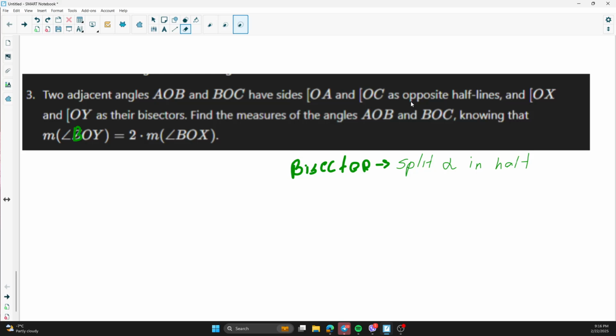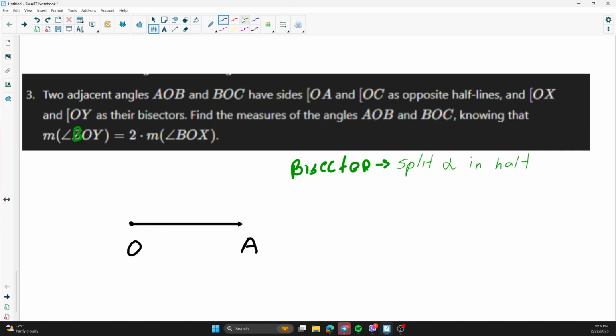Look here at what it says: as opposite half lines. Those lines, OA and OC, are opposite. Now, what does opposite mean? Here's the first line, OA. A half line has a beginning, which is here, and it doesn't end. It continues.